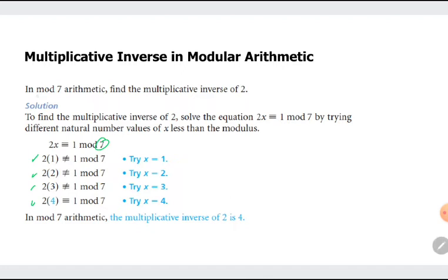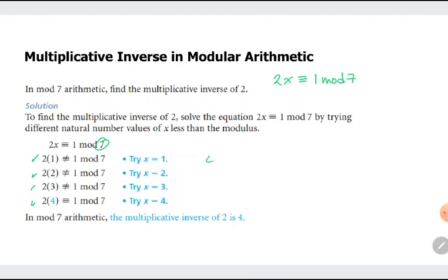So here in modulo 7 arithmetic, find the multiplicative inverse of 2. If you put that in equation form, 2x is congruent to 1 modulo 7. This is a mod 7 arithmetic. So they started at 1.